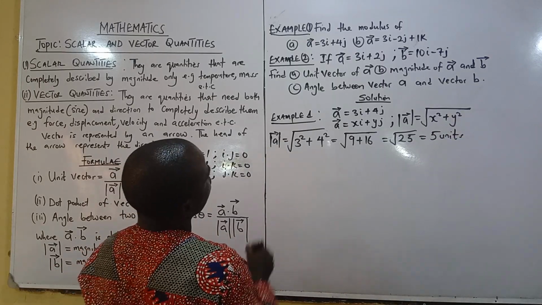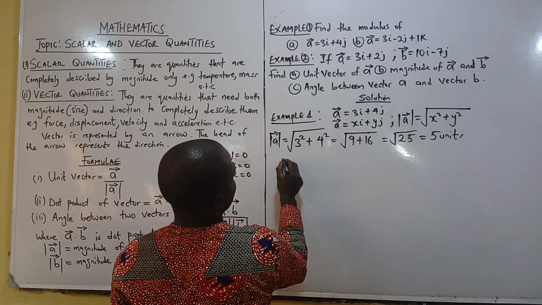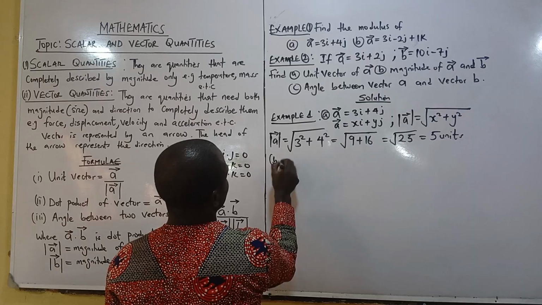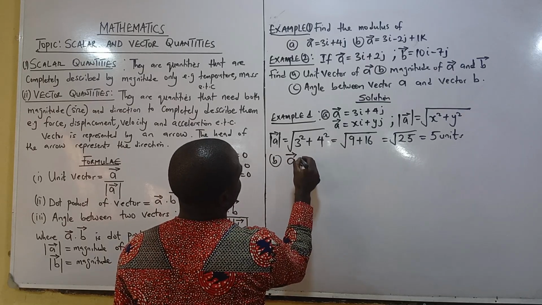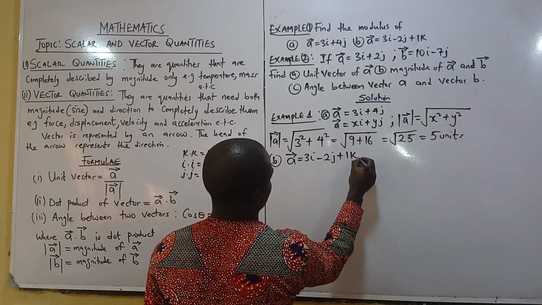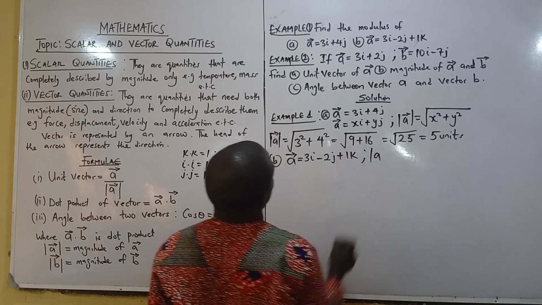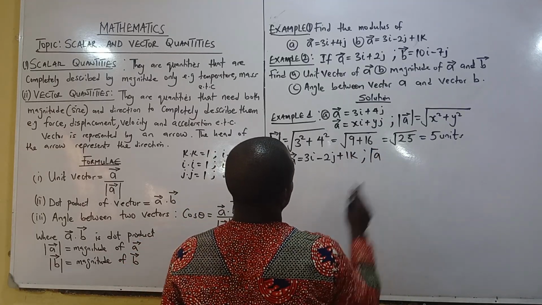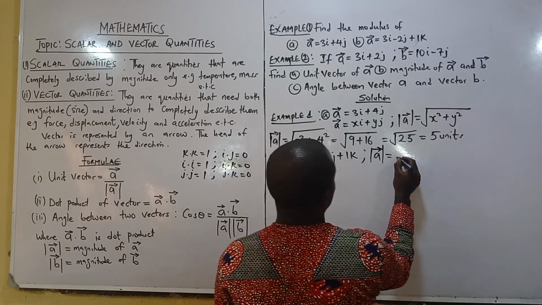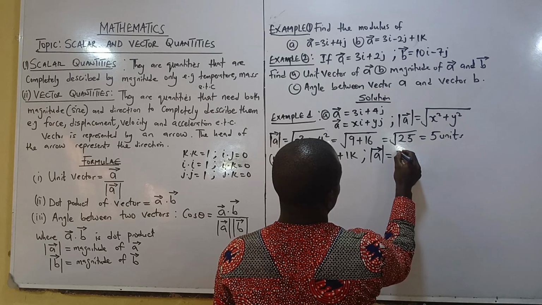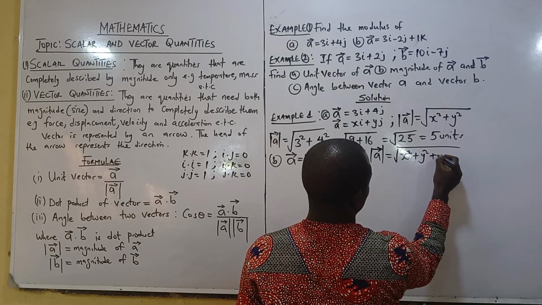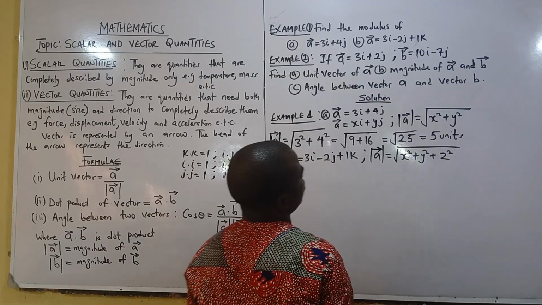Okay, now let's see the B part. This was the A part. The B part: vector A equals 3i minus 2j plus 1k. Let's look for the modulus of the vector A. In this case, we don't forget that it will be the square root of x squared plus y squared plus z squared.